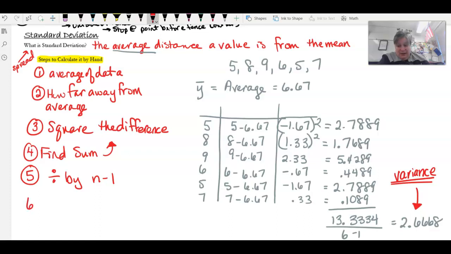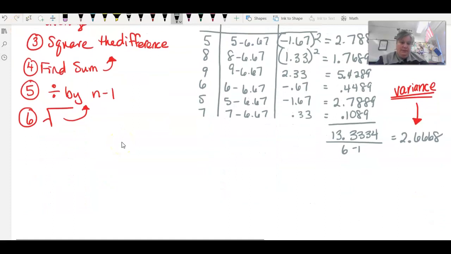The last thing we have to do is, remember here we squared everything? We have to take care of that. We have to go backwards, and the way you go backwards is we're going to take the square root of what we have here.